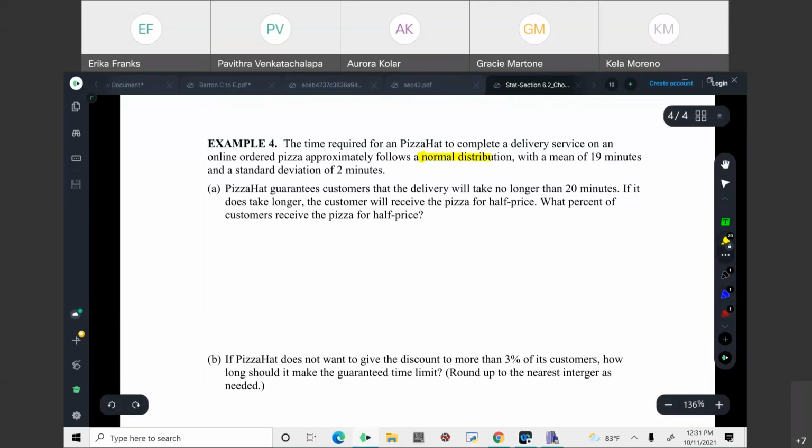It is a normal distribution. Mean is given. Standard deviation is given.